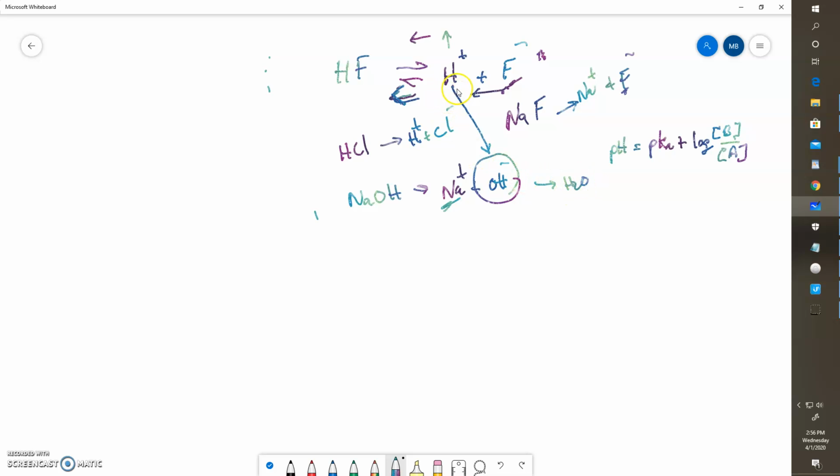As I take this out of the equation, this is a product that's going down, so I'm going to shift my equilibrium to the products. Even though I'm losing H+ because of the OH-, the balance will be maintained pretty reasonably for a time, because it's going to form the H+ back again as the OH- is taken out. It's equilibrium, so the equilibrium is going to be maintained at that point.